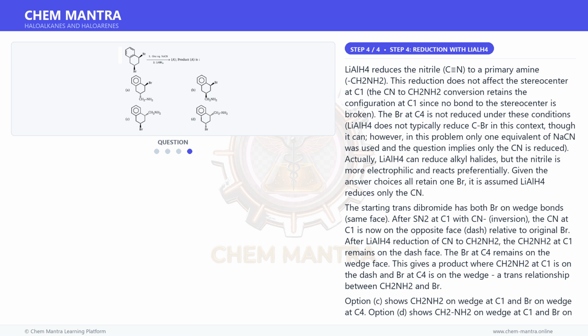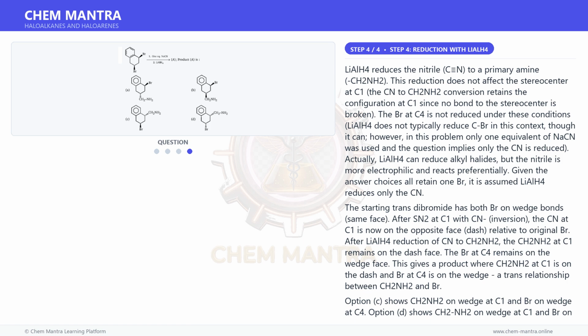Looking at option C, it depicts CH2NH2 on wedge at C1 and Br on wedge at C4. This represents the trans isomer where inversion at C1 converted the wedge Br to a dash CN, then to dash CH2NH2, but drawn as wedge in option C, which corresponds to the correct relative stereochemistry after inversion.